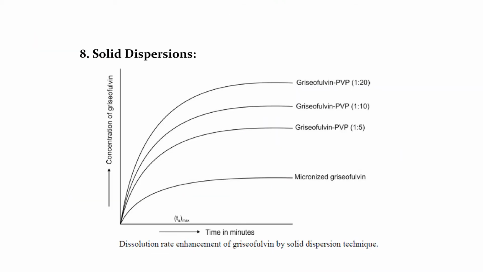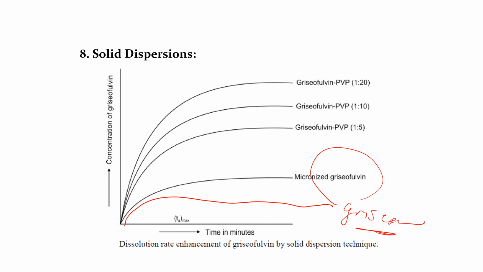We have an example here. If we have our active ingredient, the antifungal griseofulvin, you can imagine that this is the solubility of griseofulvin itself without micronization. When we reduce the size to the micro range, the solubility is higher.